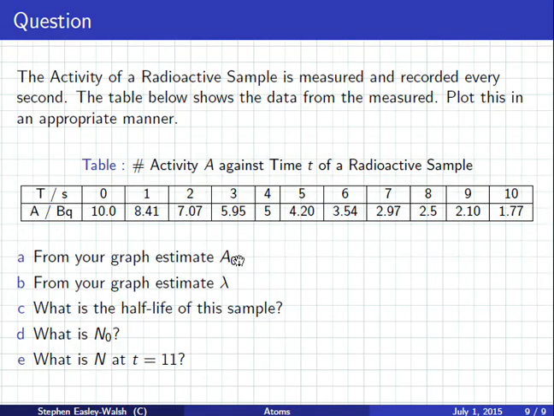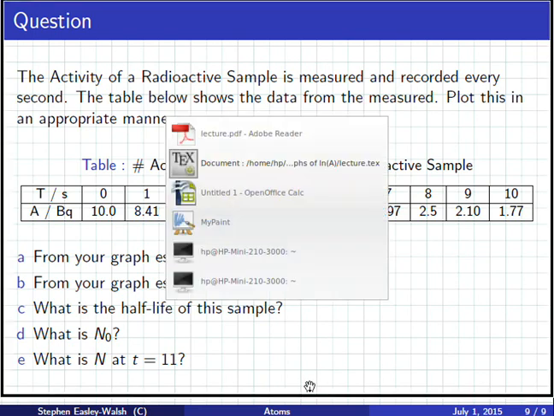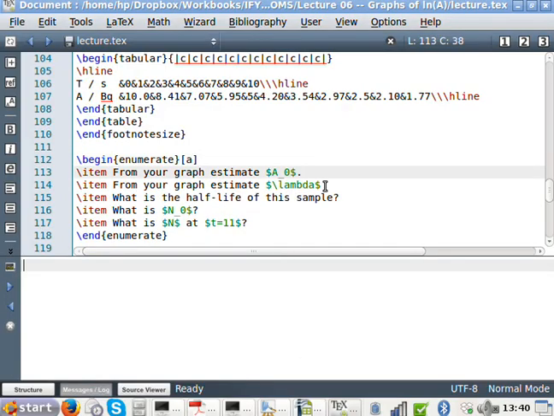So forget about that part. The first part is from your graph, estimate the lambda. So I suppose, actually maybe my first question should be, graph this in an appropriate way.